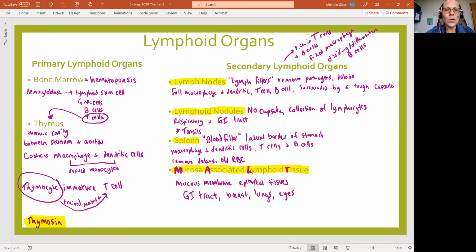So again, we're strategically locating these collections of lymphocytes in places that are entry or exit points, entry points for pathogens, any kind of opening in the body. You have kind of like a buddy to this called the BALT, B-A-L-T, and this stands for bronchus-associated lymphoid tissue. So this would be in the respiratory tract.